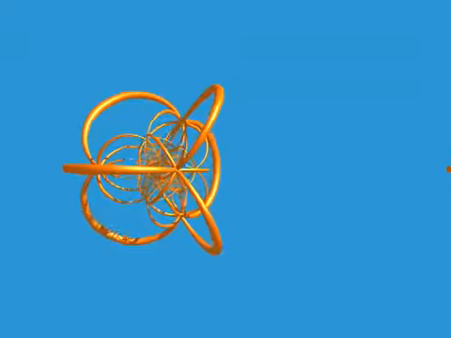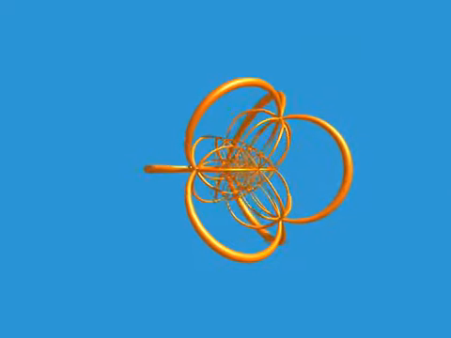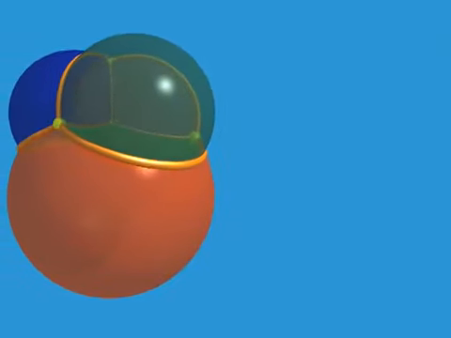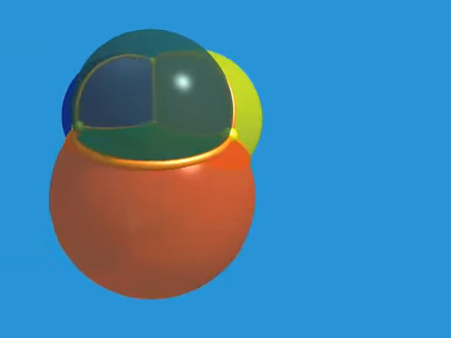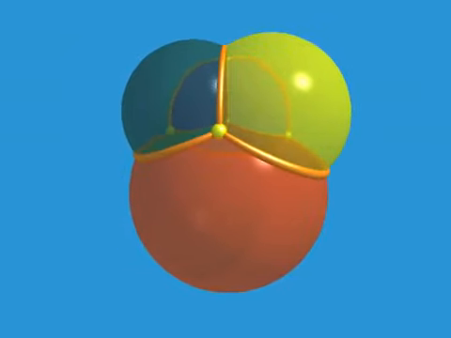And the 600 cell. Let's add the two-dimensional faces to get an even better view. The simplex with its 10 triangular faces.